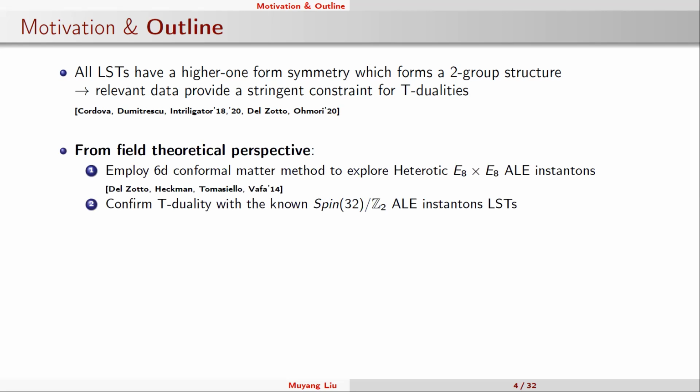And this is the outline of my talk. From the field theoretical perspective, which is the first two sections, we employ the 6D conformal matter method to explore the novel heterotic E8 × E8 ALE instantons, and we confirm that they are T-dual to at least one known Spin(32)/Z2 ALE instanton Lagrangian theory.